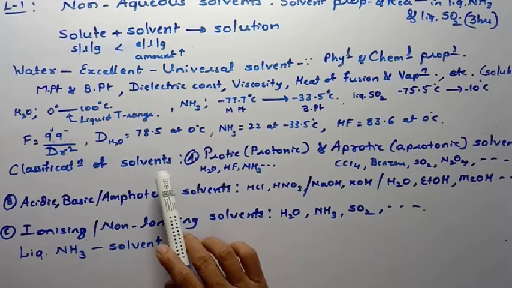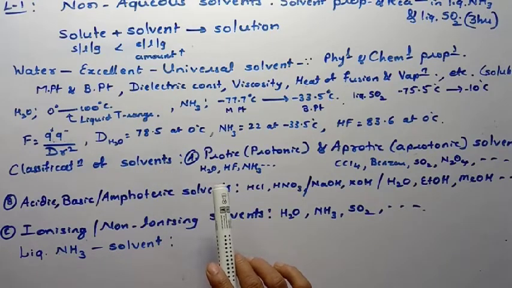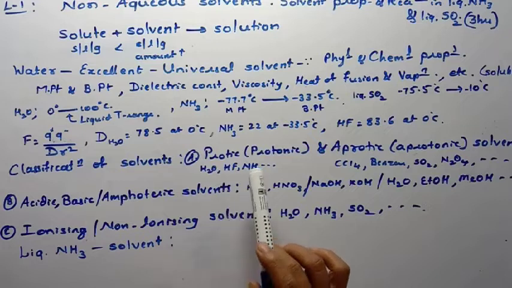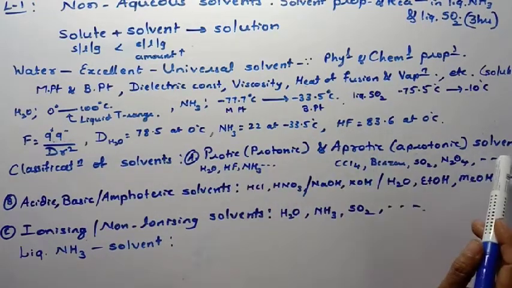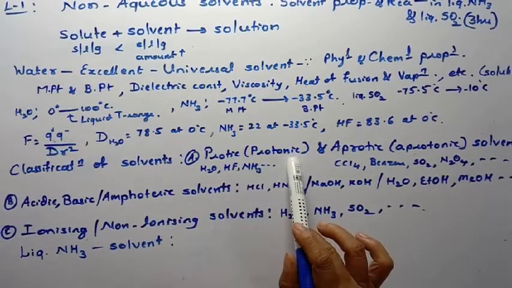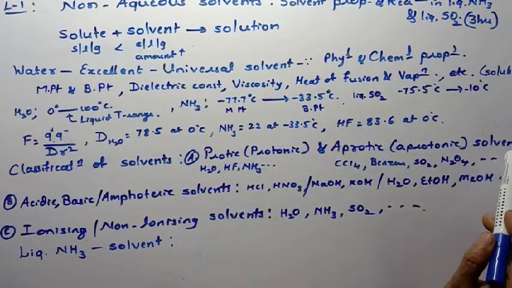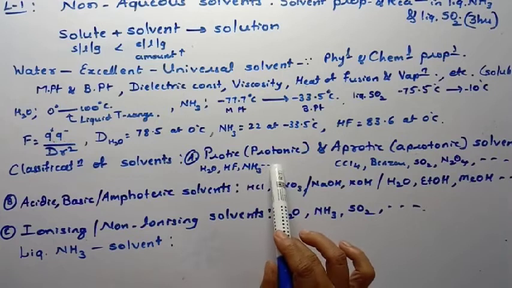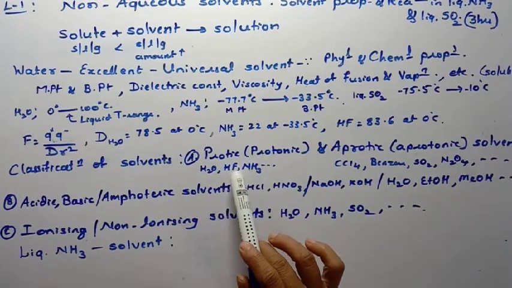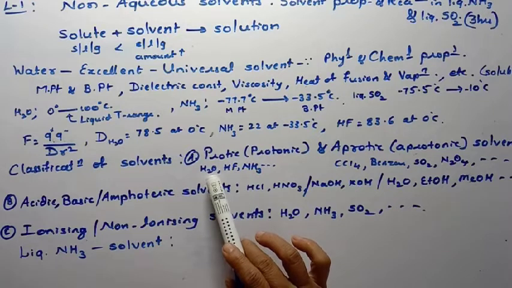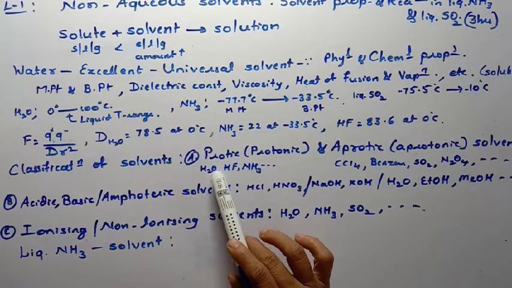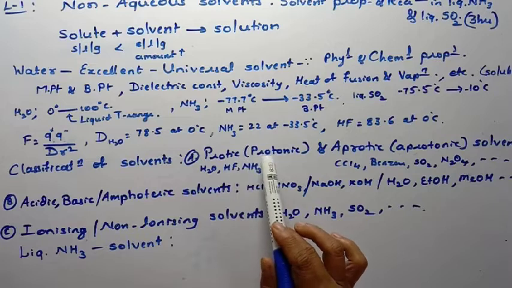Solvents can be classified based on different criteria. The first one is protic and aprotic solvents, protonic or aprotonic solvents. These are solvents which produce protons when they undergo ionization, or when they react with others; if they produce protons, they are said to be protonic.